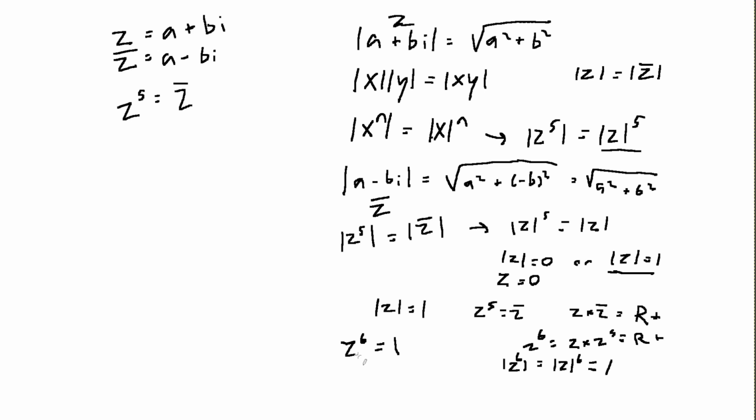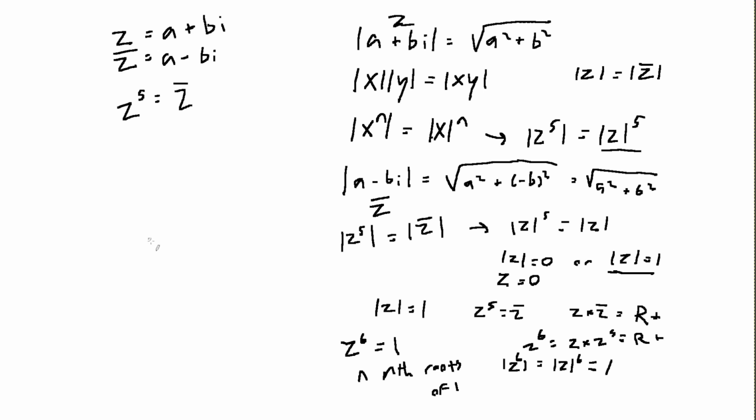Now, this is a theorem that I'm not going to prove here, but you can look it up. For any positive integer n, there are exactly n nth roots of 1. So there are exactly n numbers that you can take to the nth power to get to 1. An example of this is the 4th roots. We're dealing with complex numbers in this, to be clear, since this obviously isn't true for non-complex numbers.